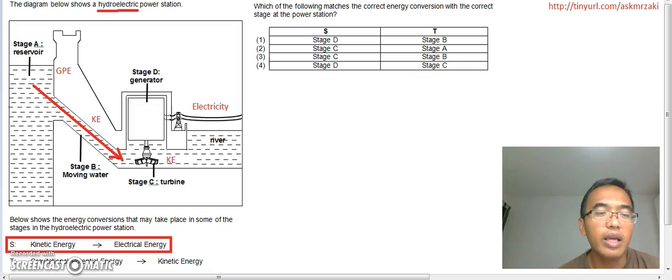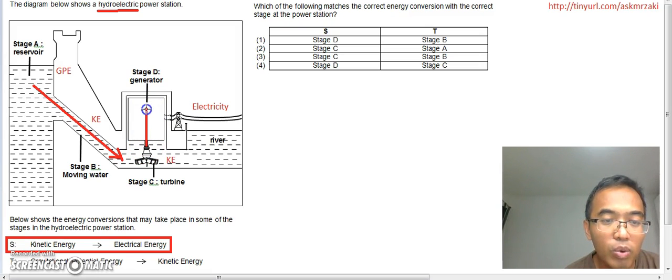So let's look at S. Kinetic energy is converted to electrical energy. We know kinetic energy here is transferred through this spindle here. Can you see this place here? This turbine is attached to the generator through this little pole here.